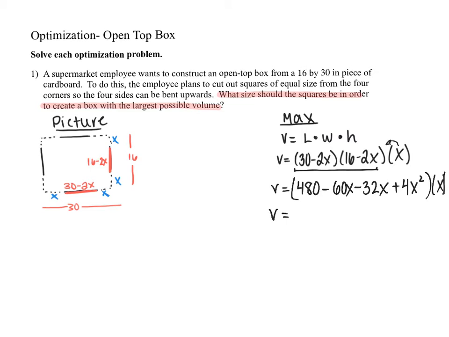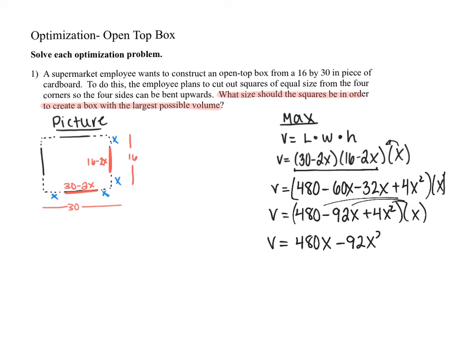I'm going to combine like terms. 480 minus 92x plus 4x squared, and then times this x. I'm going to distribute the x in. So 480x minus 92x squared plus 4x squared, I'm going to put it, 4x to the third.